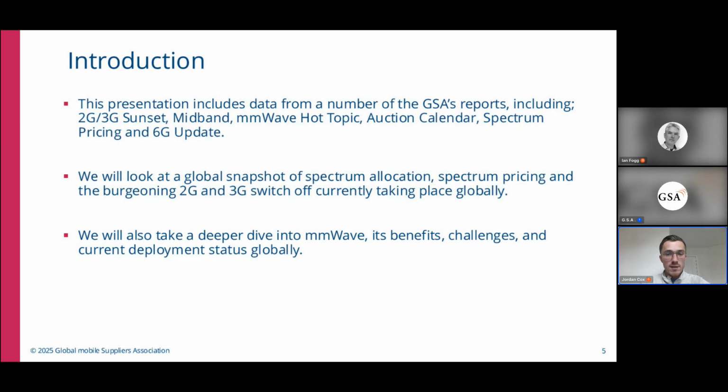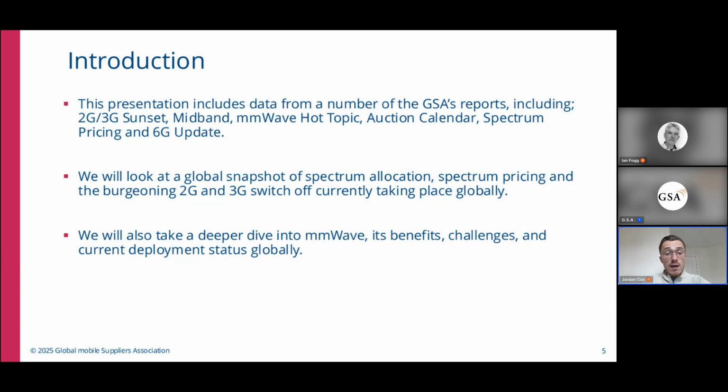We'll start with a global overview, looking at how spectrum is being allocated across key frequency ranges, where auctions are happening, and how pricing is evolving over time. We'll then touch on the global transition away from 2G and 3G networks, a process that is gaining pace and having significant implications for operators and regulators alike.